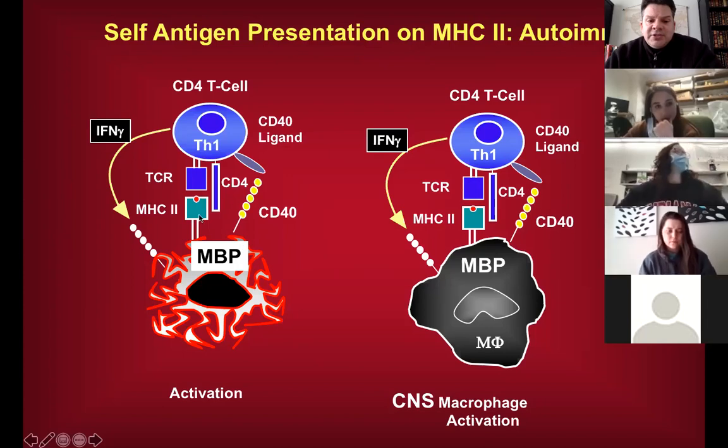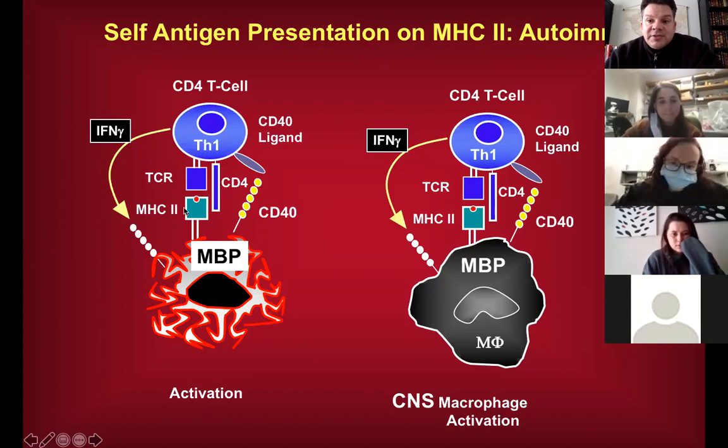It gets put on MHC2. And if they ever come in contact with a T cell, you could have this autoimmune response against self-peptide. And so in both cases, this would be a Th1 response. You'd be activating the microglia or the CNS macrophages using interferon gamma. Again, you have all the cofactors, you have everything you need to cause a functional response.